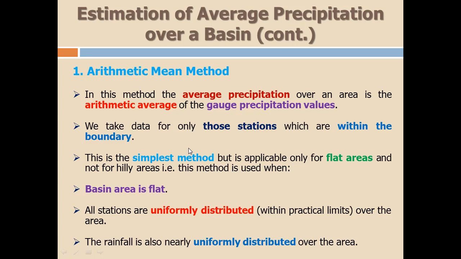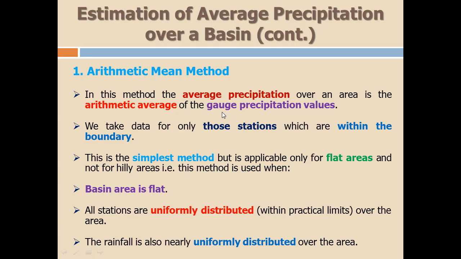This method is used when the basin area is flat, all stations are uniformly distributed within practical limits over the area, and the rainfall is also nearly uniformly distributed over the area. If these three factors are satisfied, then we can use the simple arithmetic mean method.